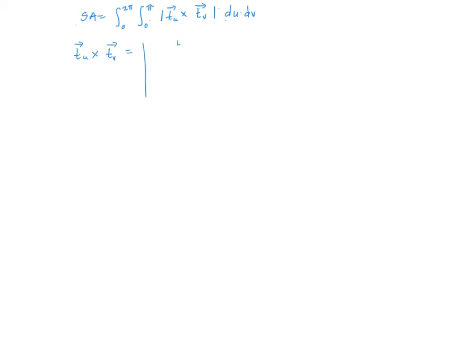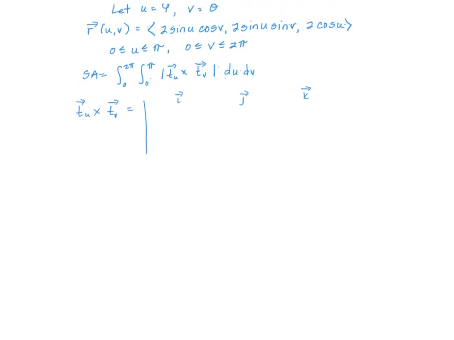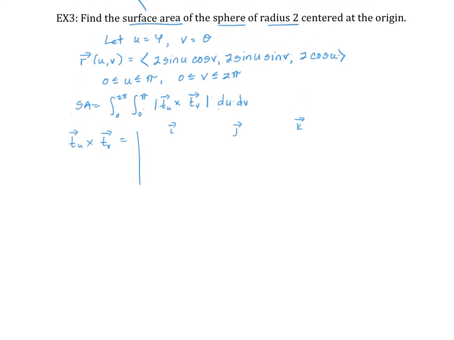Okay, so I'm going to have an i, a j, and a k. So to compute T sub u, it's going to be the partial derivative of r with respect to u, which is the partial derivative of x with respect to u, y with respect to u, z with respect to u. Going back to my definition of r, that first component is the x, and then I have a y, and I have a z.